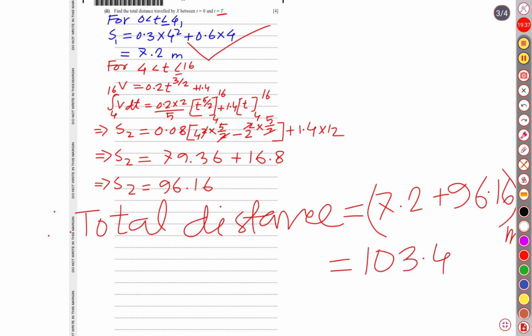We can write 4 if we round it up to 3 significant figures, I mean 1 decimal point. So 103.4 meters is the total displacement.